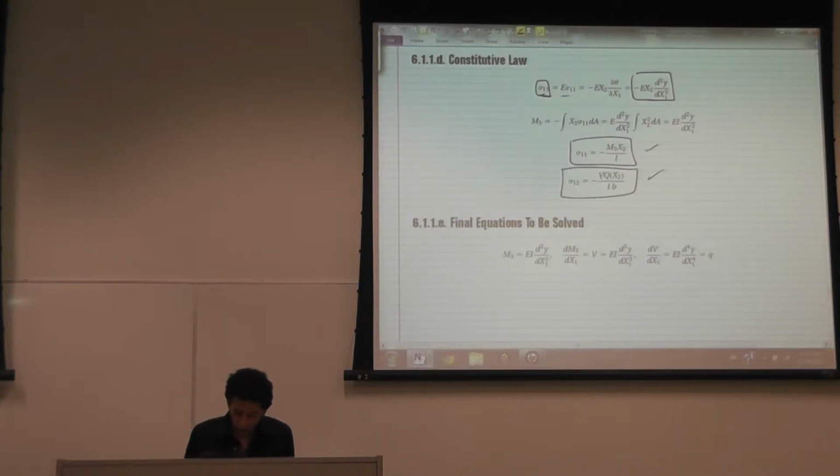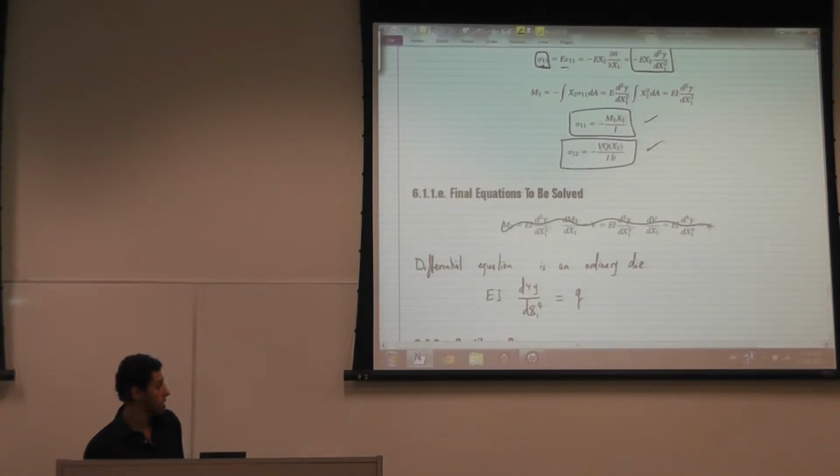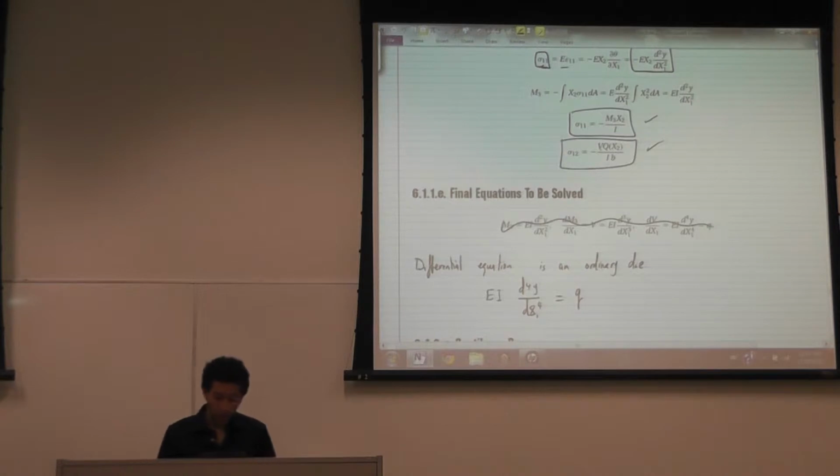The differential equation of equilibrium is an ordinary differential equation, which is d4y by dx1 to the power 4 times EI, which you're all familiar with from any beam analysis course that you took before.